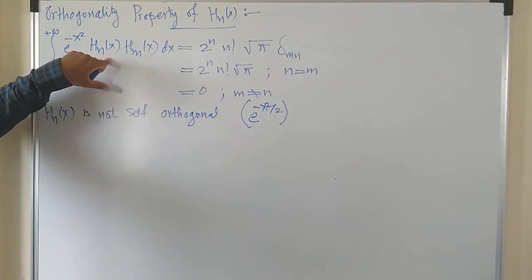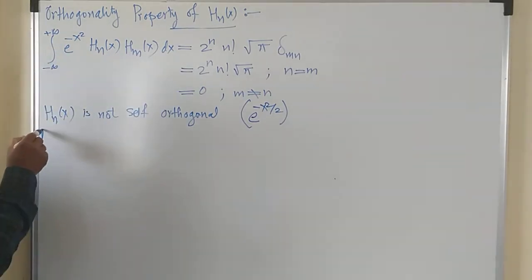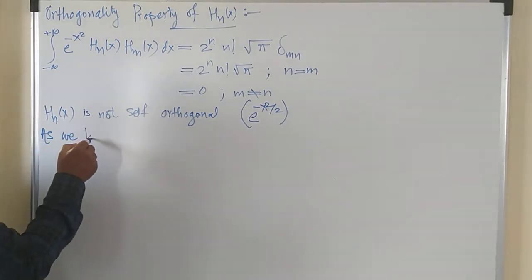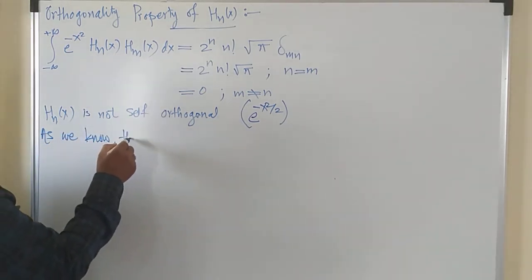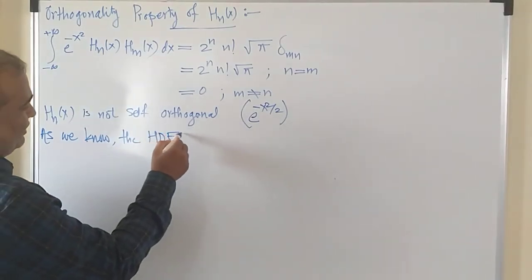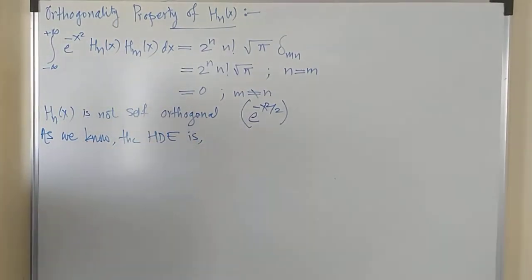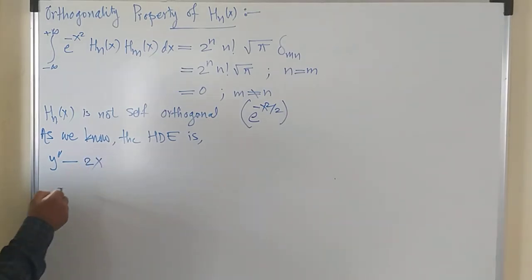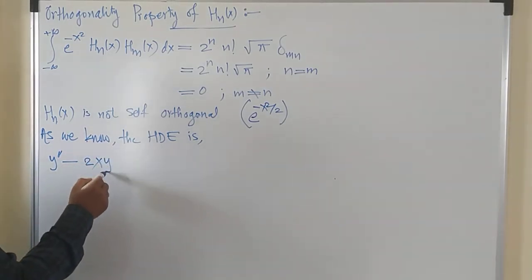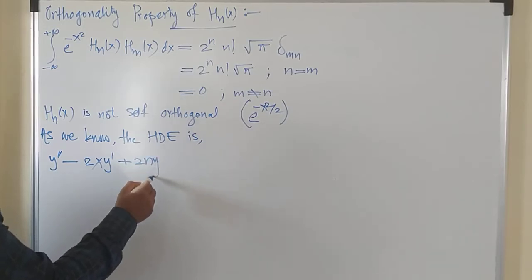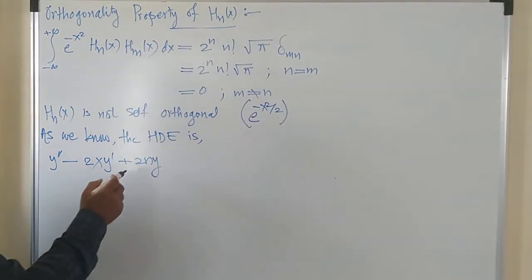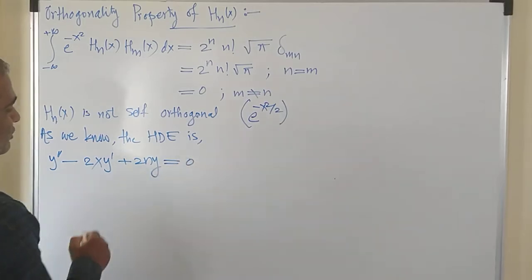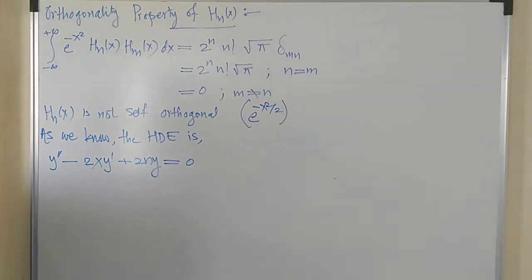But before that, you must write the Hermite differential equation, HDE, which is y double dash minus 2x y dash plus 2n y equals 0.